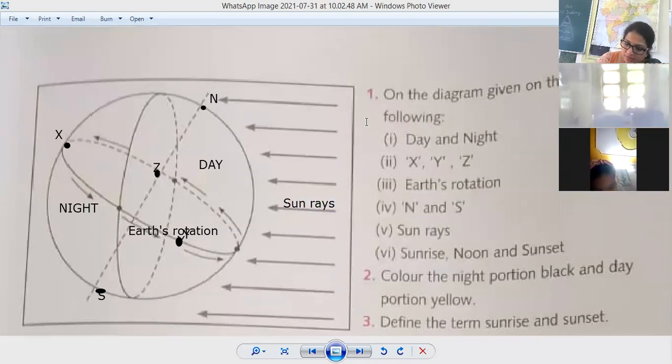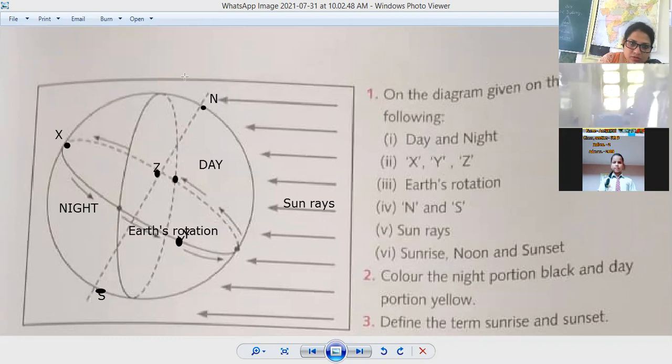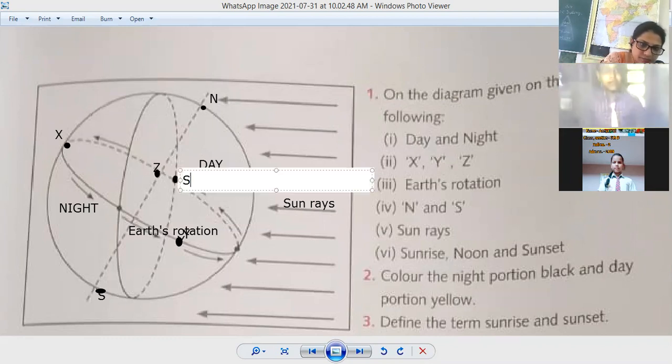Now next, sunrise, noon and sunset. So where is sunrise? At this point, look at here everyone. This point, sunrise.